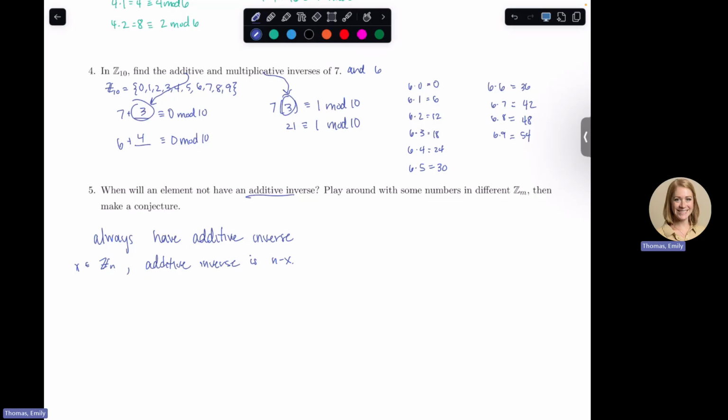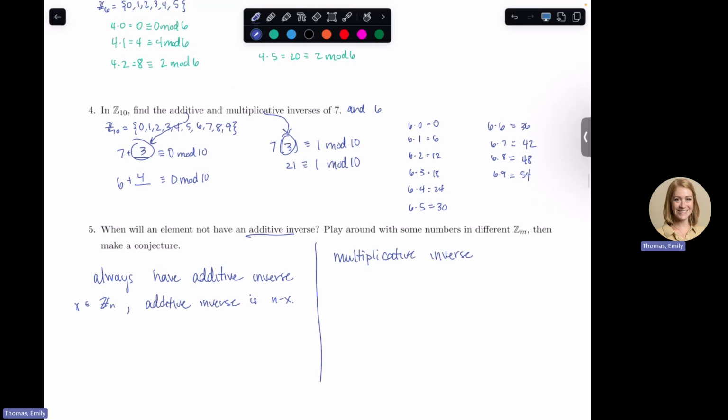How about not having a multiplicative inverse? In your examples, you had 2 even numbers and you're trying to get an odd number. Yep. You can't do it if your number is not relatively prime with the thing you're going for.